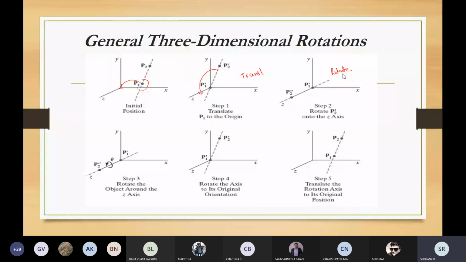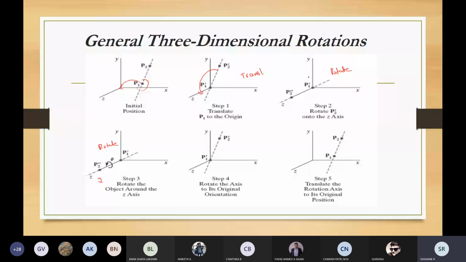After this, perform the rotation about the specified axis. Here we are rotating with respect to the z axis. So this is the third step. After that, perform the inverse rotation which was done in step 2.